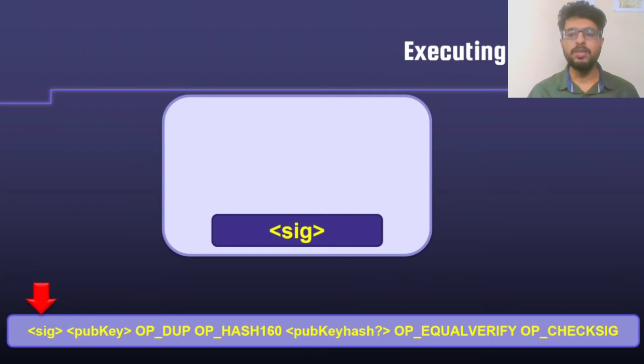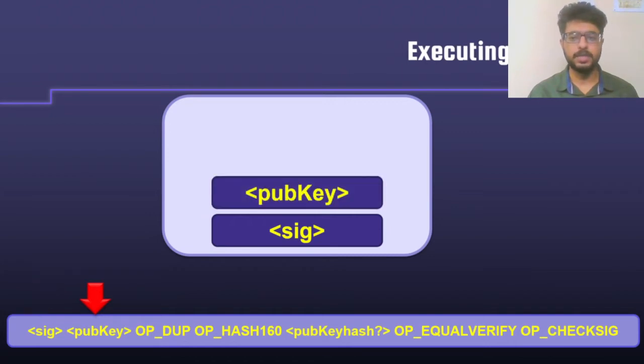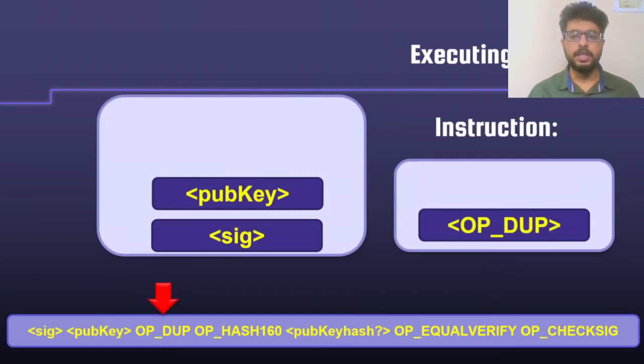So when the first data instruction, sig, is observed, it is pushed onto the stack, followed by the next data instruction, pubKey, which is the public key of that signature. Now we will start executing the second half of the script, which is specified by the sender of the coins.